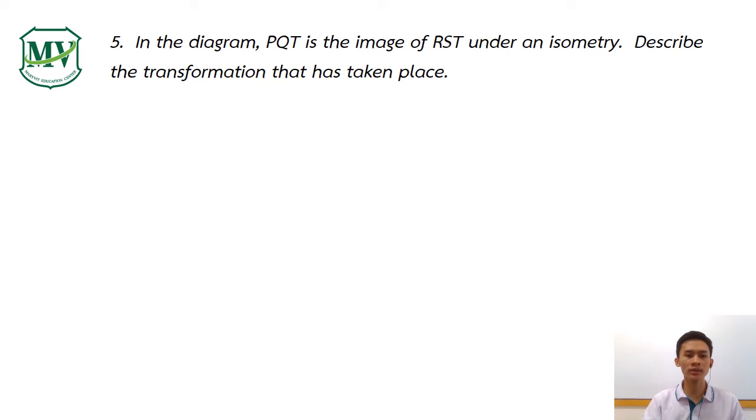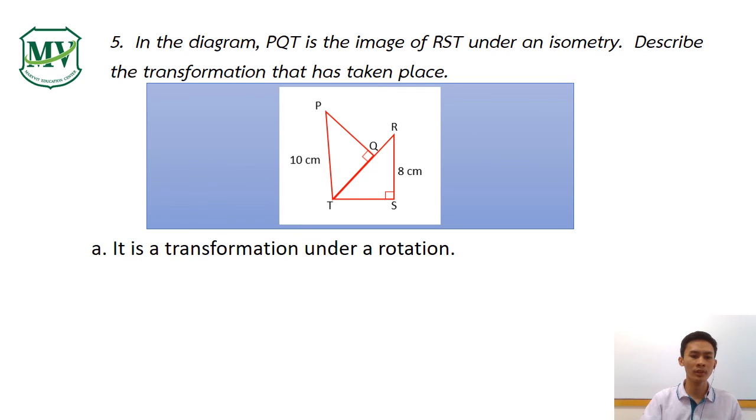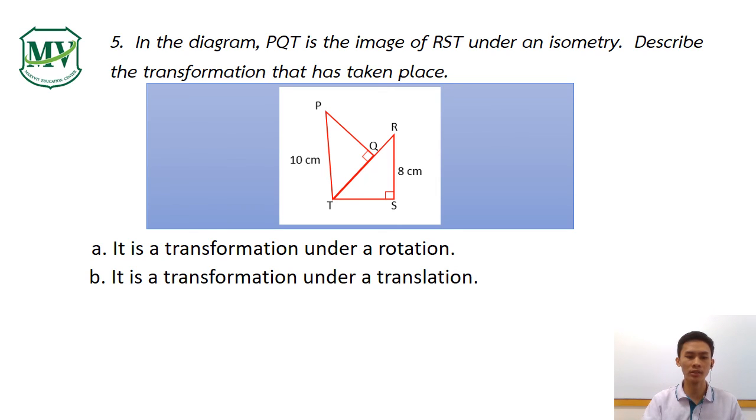Now let's go to the last question, question number 5. In the diagram, PQT is the image of RST under an isometry. Describe the transformation that has taken place. Letter A, it is a transformation under a rotation.